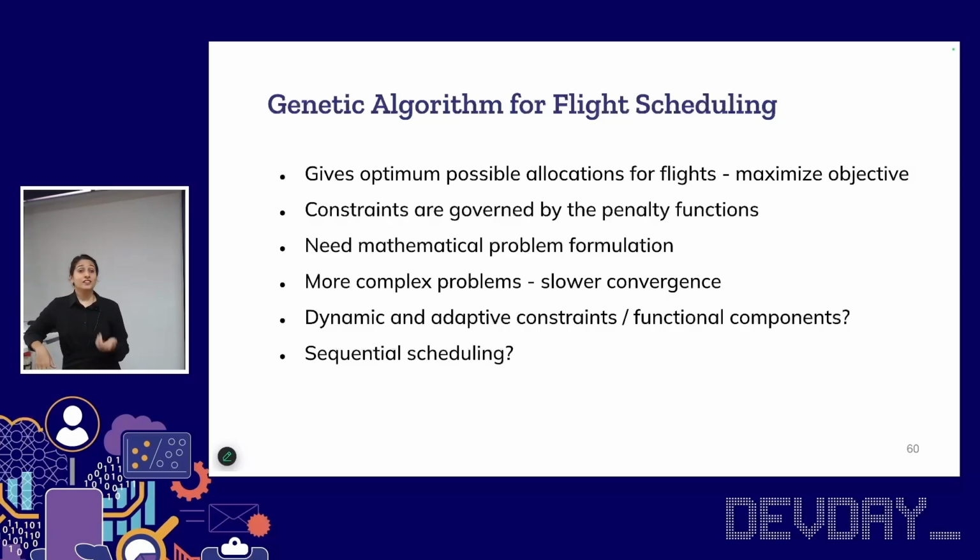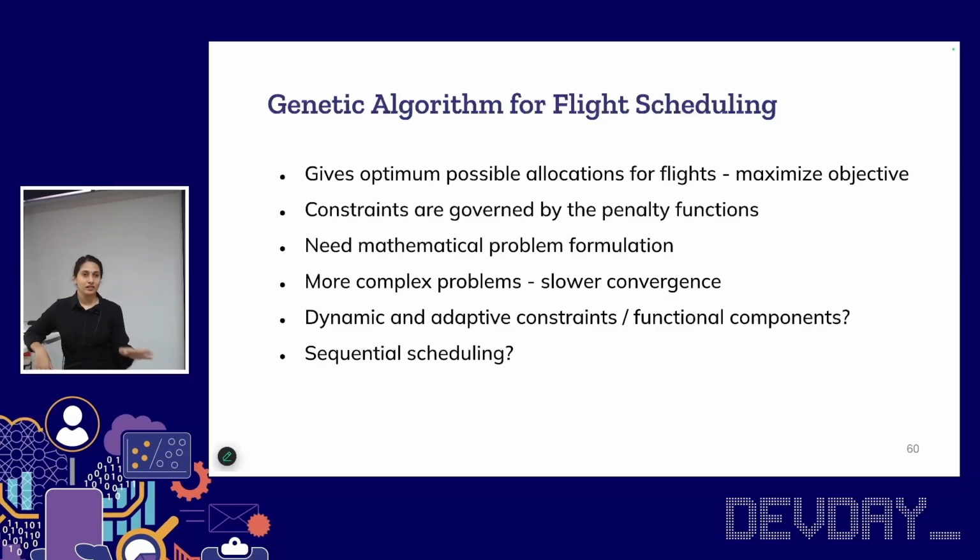And when it starts to become dynamic and adaptive, a classic example is flight scheduling: weather problems, the runway not getting cleared, flight delays, flight cancellations, crew fatigue. These are adaptive or dynamic constraints. GA doesn't care about this. It will schedule all flights at once depending on the data at that time, and it won't evolve its behavior with respect to changes in data.